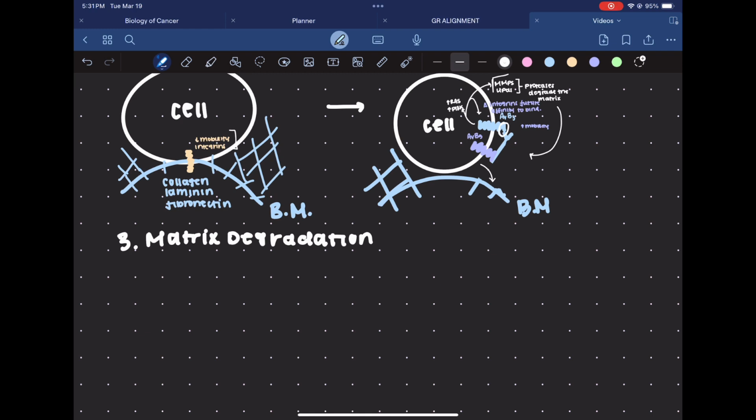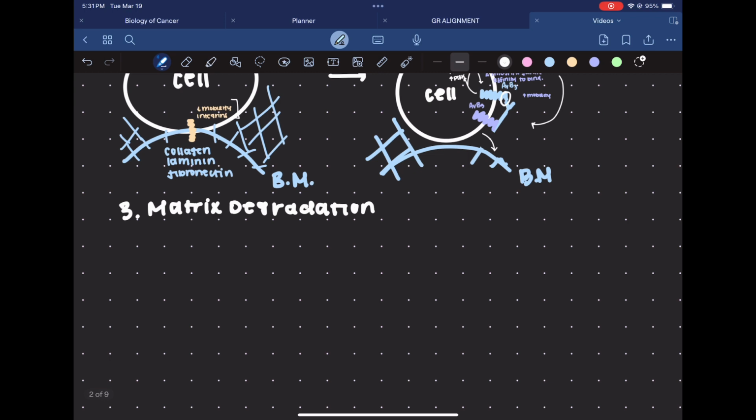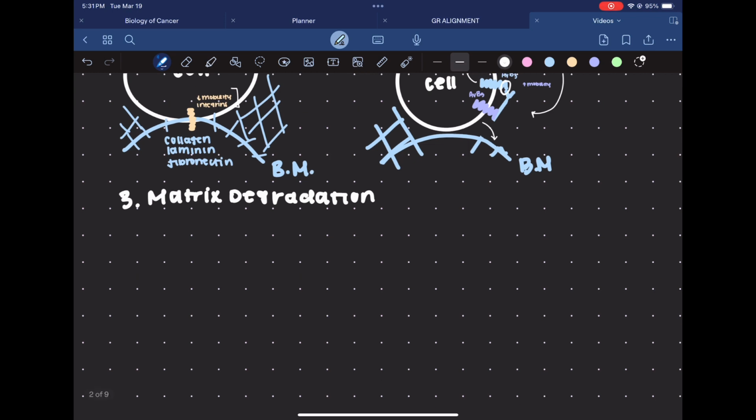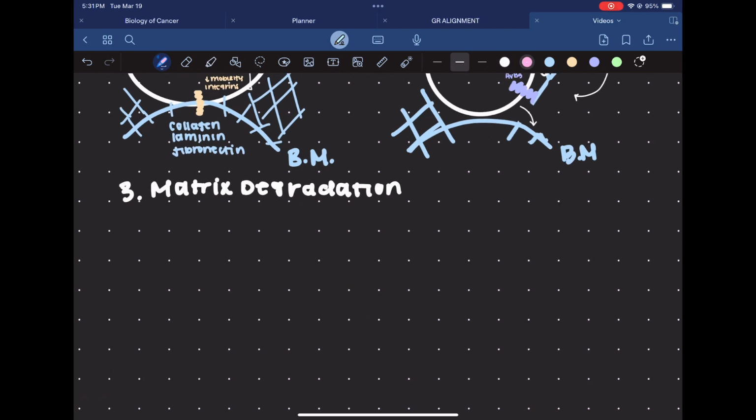All right, so there's going to be kind of two different things that come into play when we engage in matrix degradation. It's going to be MMPs and UPAs.